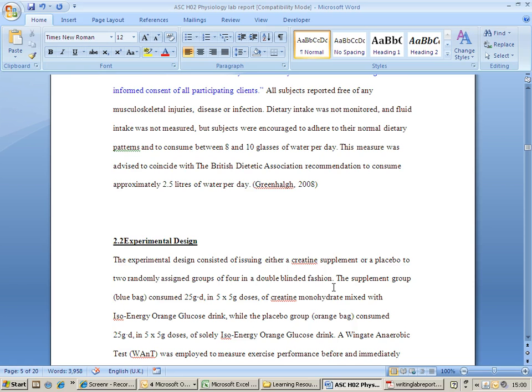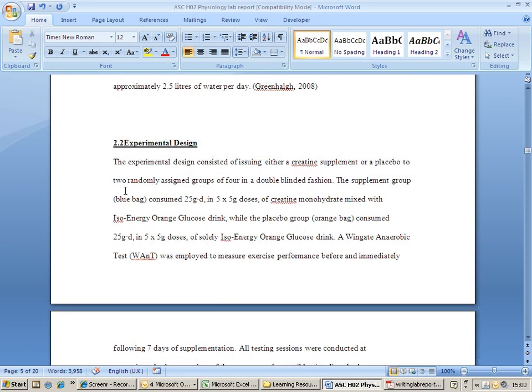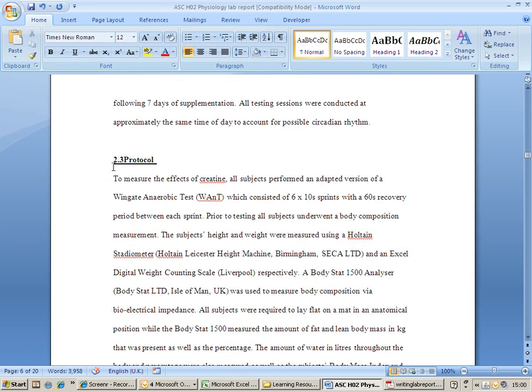The next part of the method should include the equipment. Now, for this particular example, the subheading is not equipment itself. The equipment checklist is actually contained within the protocol, which is perfectly acceptable. The things that you want to consider are what equipment or instruments were used to collect the data. So, for example, if computers were used, describe the specific models of the computer and the software used to collect the data.